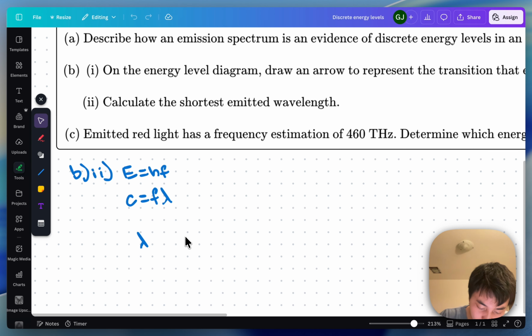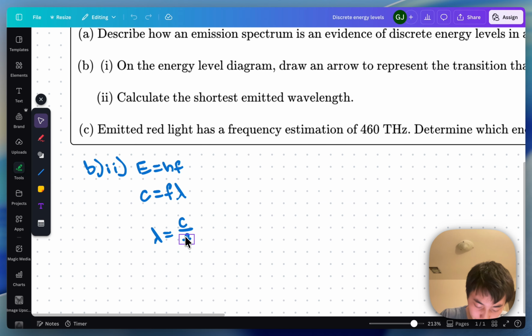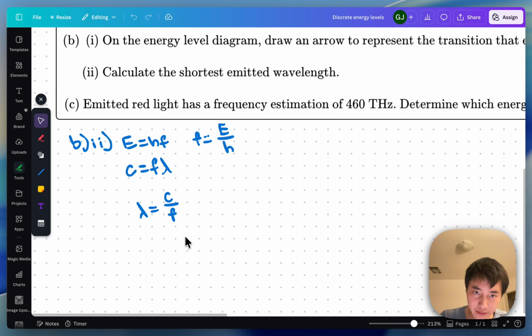So lambda is c over f. And let's rearrange the first one for f, which is f equals E over h. Let's sub that in. Since it's in the denominator, we just flip it, so hc over E.